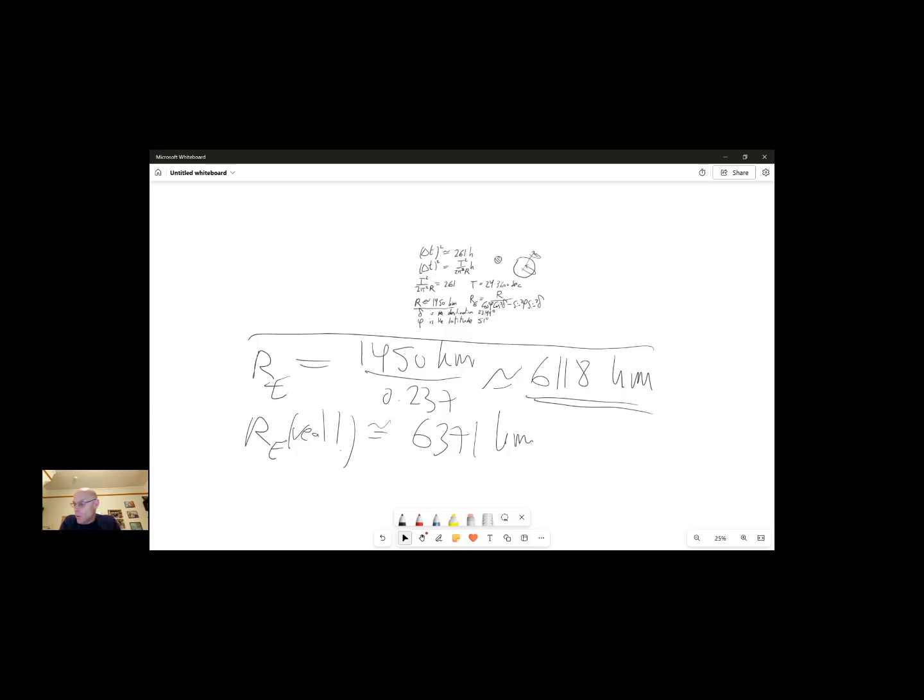The ratio is 96%. That's an amazing result. So using a drone, just measuring accurately the time between sunsets as a function of the height of the drone, I can estimate the radius of Earth to an accuracy of 96%.